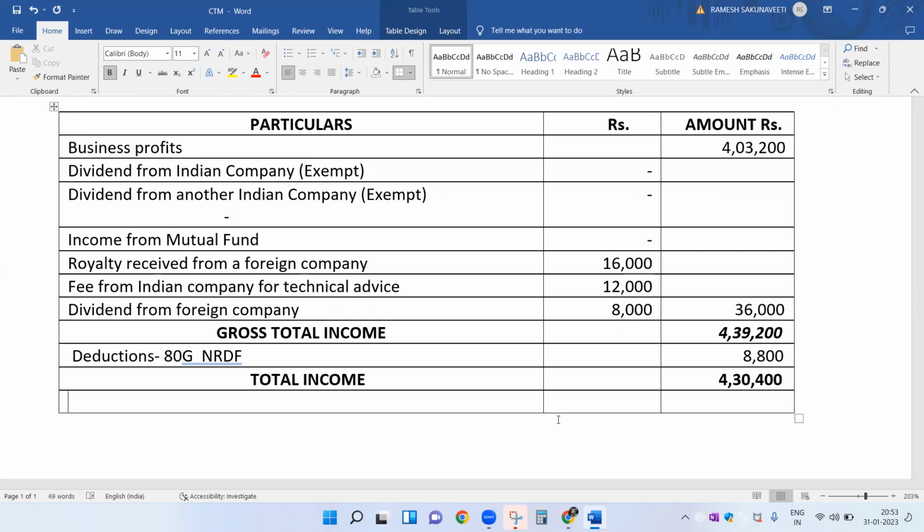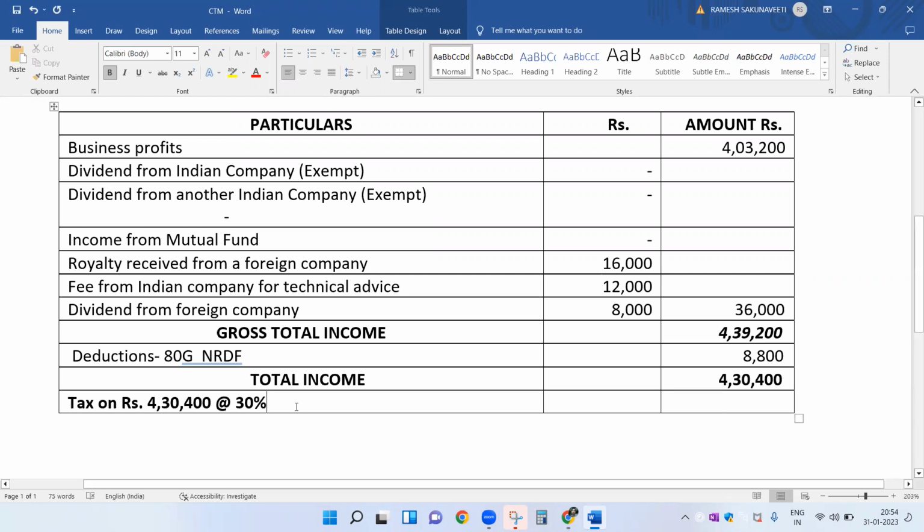But in case of companies, companies are liable to pay tax at a flat rate of 30%. So tax on rupees 4,30,400 at the rate of 30%. You calculate 30% on this and tell me the tax.